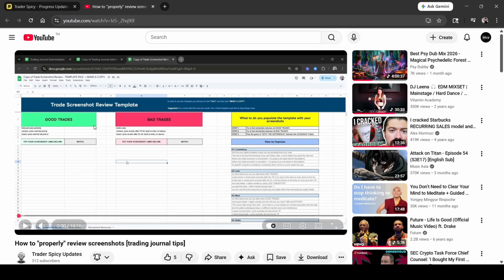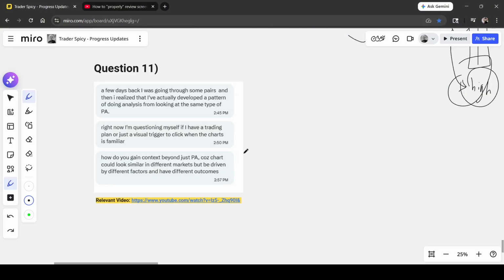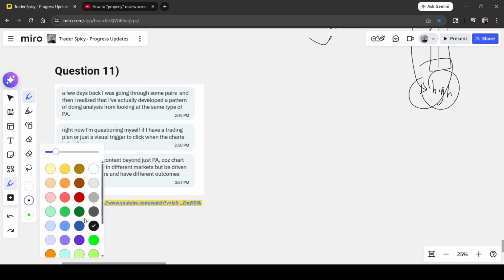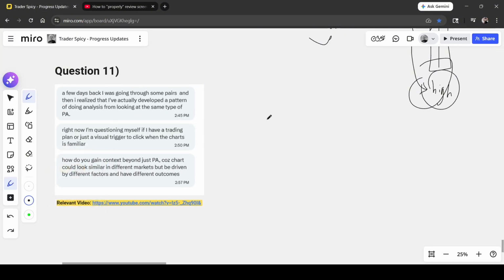Once you've got the template, you'll have these two columns, good trades and bad trades. What you'll want to do is first go through your trading journal and isolate all of the trade screenshots which have the same type of price action.